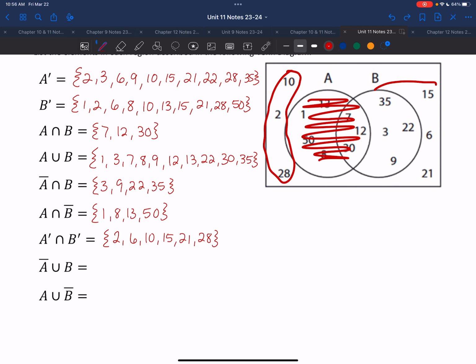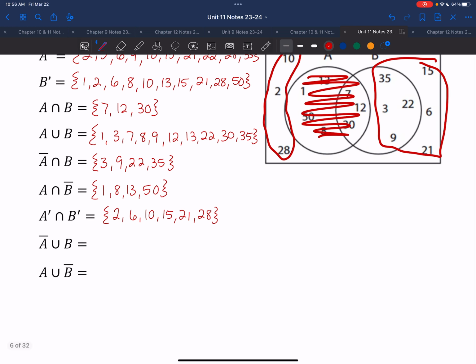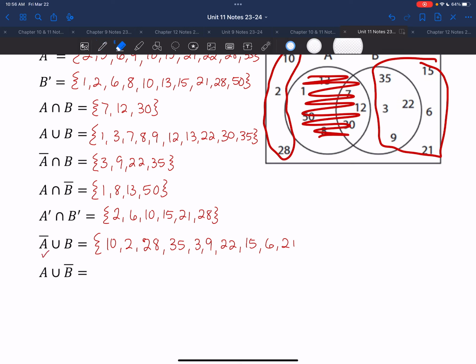So first, let me list these numbers really quick. I'm just going to list these out of order. I've got 10, 28, 35, 3, 9, 22, 15, 6, and 21. All right, so that satisfies not A.